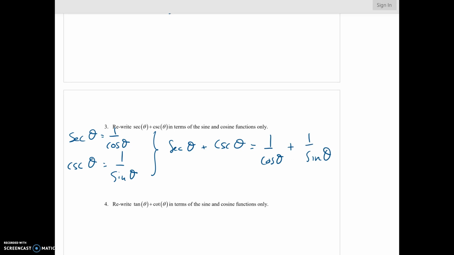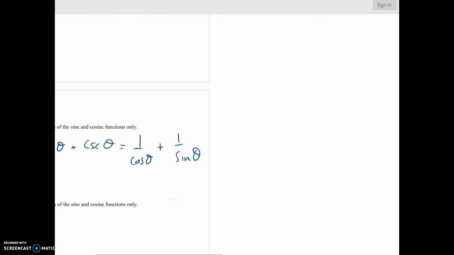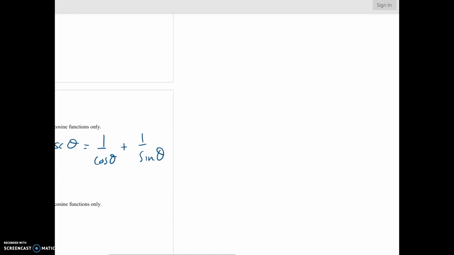I don't have the same denominator. So if I don't have the same denominator, I need to define the LCD. What is my LCD? To calculate the LCD, I need to write each denominator. So I'm going to write the denominator cosine theta and the denominator sine theta, and I'm going to completely factorize into prime.